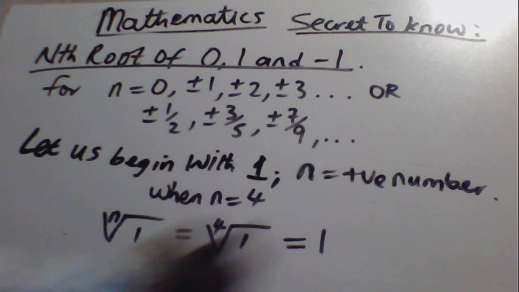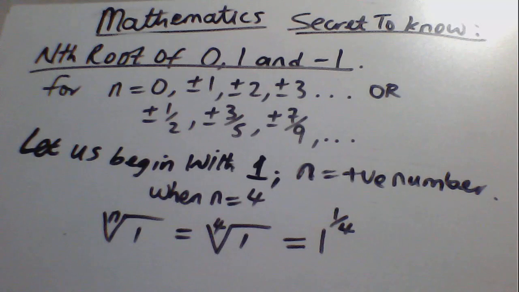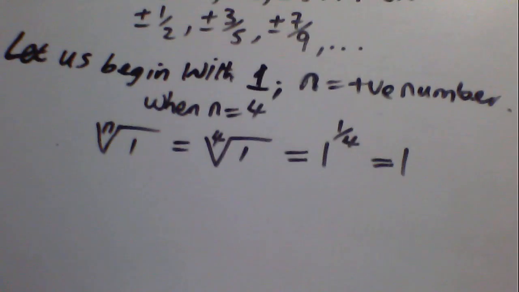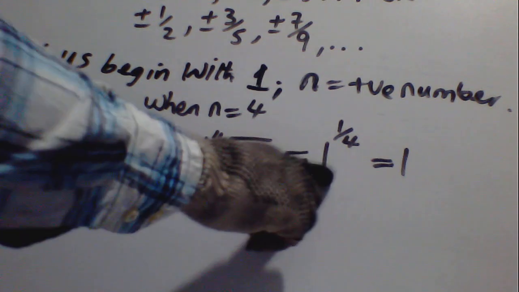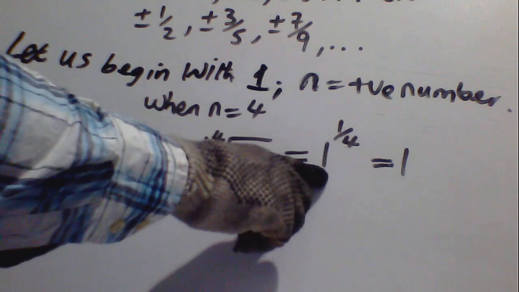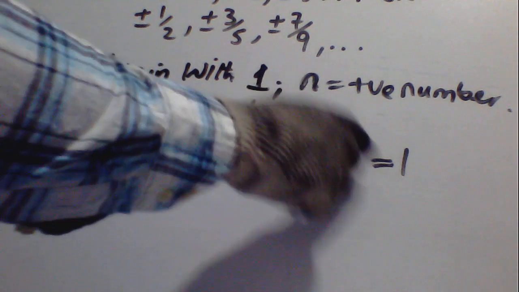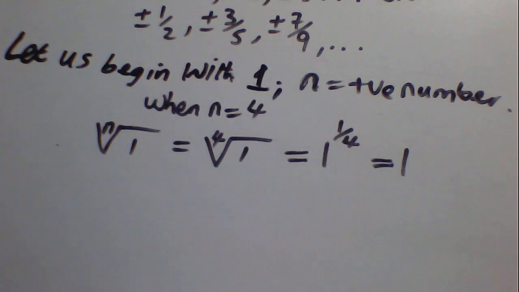If you write it in exponent form, you have 1 raised to the power 1 over 4, which is equal to 1, because when 1 is raised to the power of a positive number, the result is 1. Raised to a positive or negative power, as long as the base is 1, the result is 1.